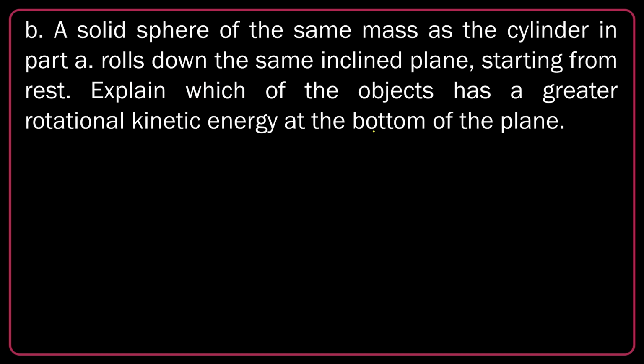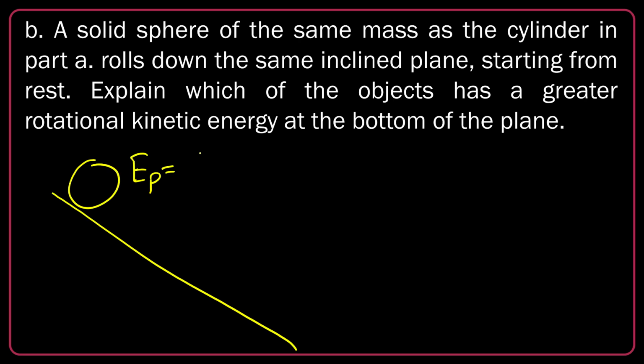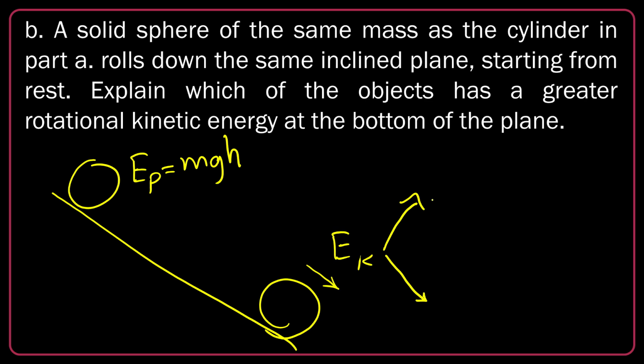Okay, now let's continue for that. Here we have at the top just a potential energy, same potential energy because they have the same mass, mgh, and it's released and will become kinetic energy. This kinetic energy has two terms, a half of mv squared and a half of I omega squared.